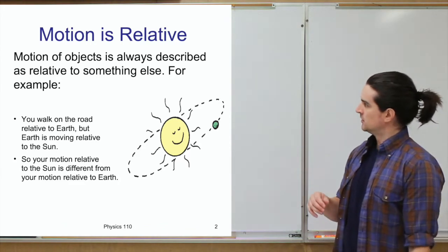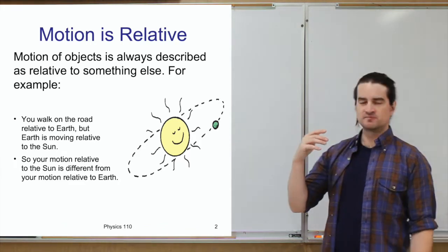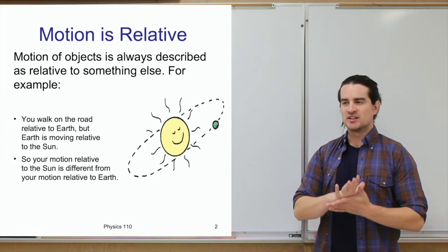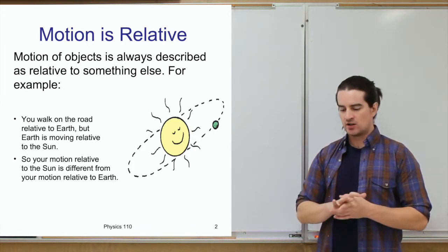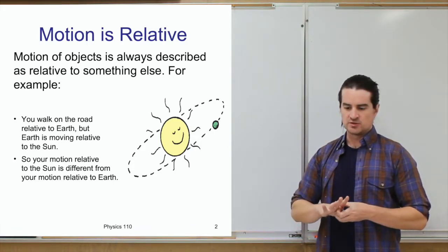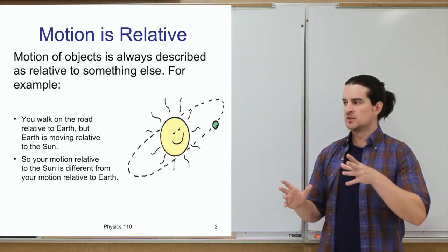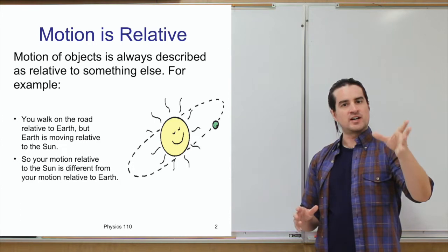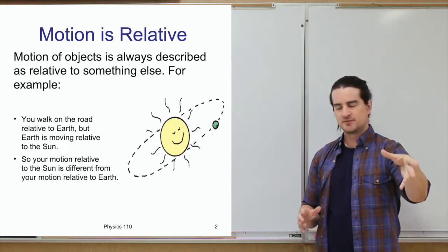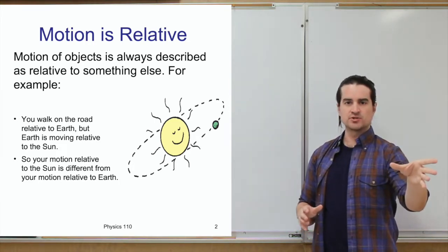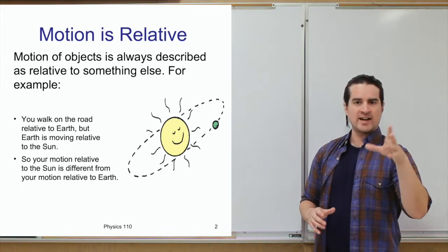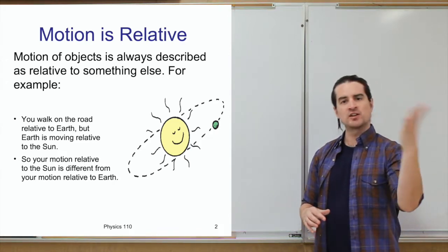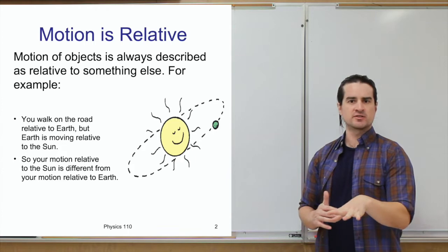Okay. And before we say anything about linear motion in particular, it's worth mentioning that all motion is relative. Meaning, if I say that that car is driving 60 miles an hour down the highway, going west, I've told you its motion, but what I haven't said and what's implied is that's relative to the Earth's surface, right?